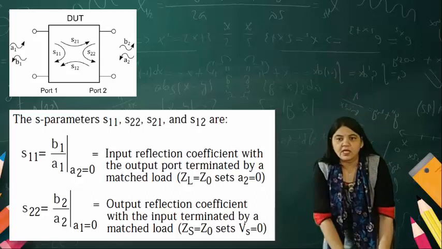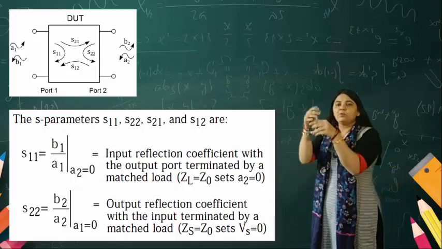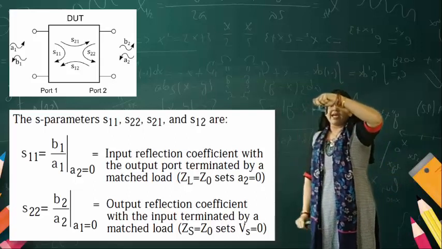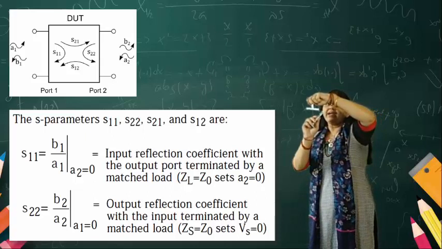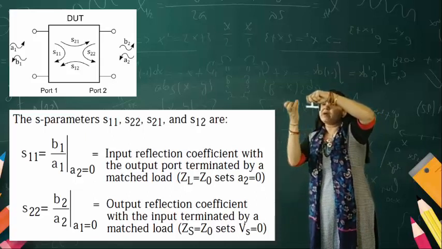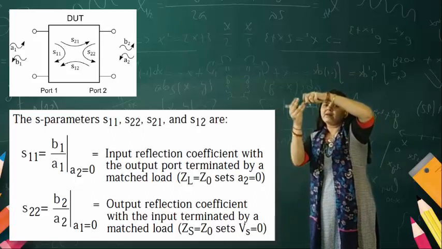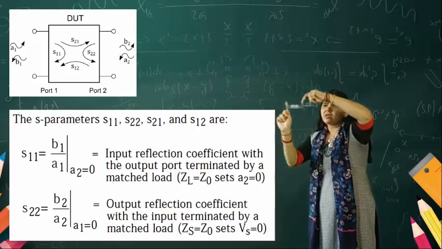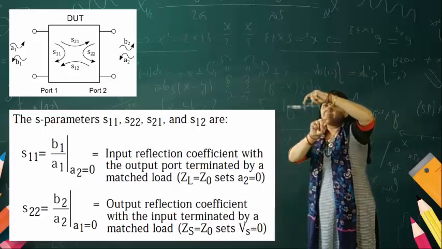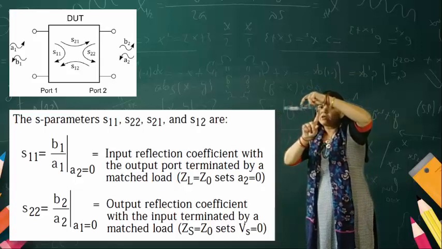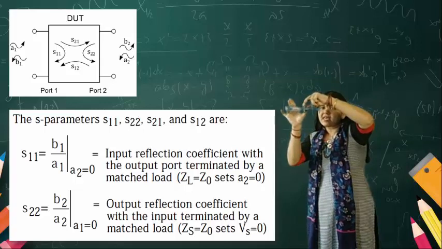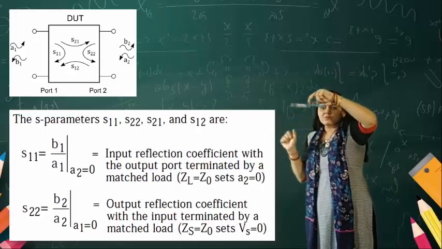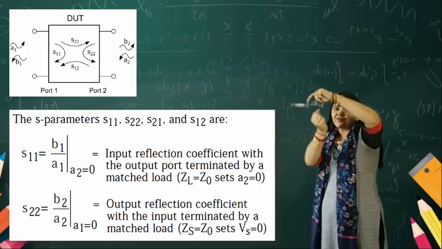Now, it is my 2-port network. If I want to find out S11, it is mandatory to connect the match load at the other terminal. You are applying the input from this port, and the match load is here. So your input will not propagate through the other port, and it is reflected back from this port.